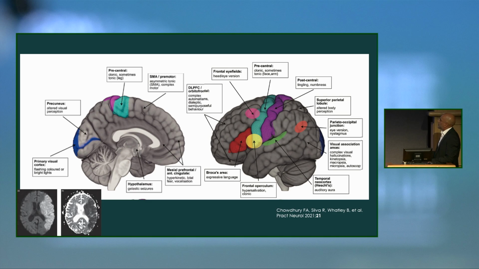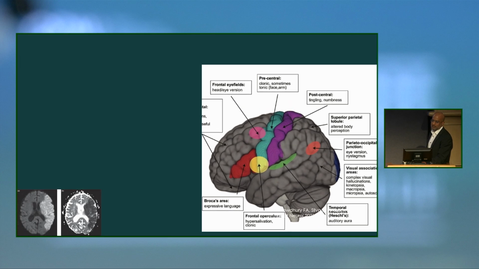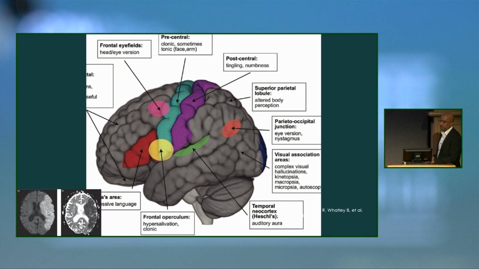Along the medial cortex here is the motor strip for the lower limbs, so you could have pure lower limb tonic or clonic movements if that strip of motor cortex is affected. But most commonly, it's the middle cerebral artery distribution that causes seizures.